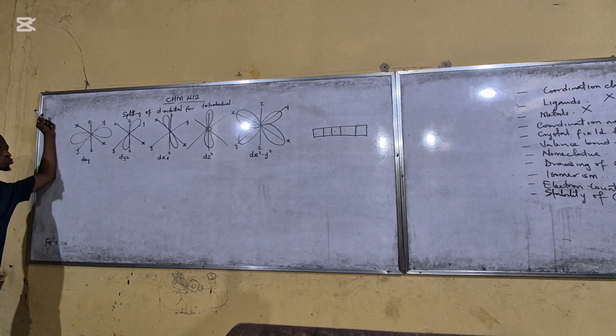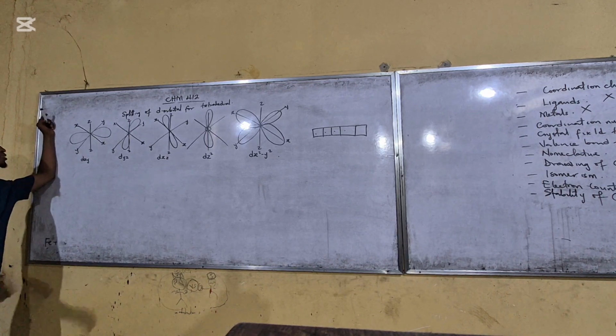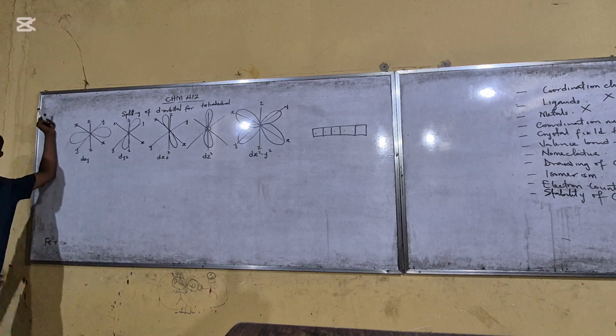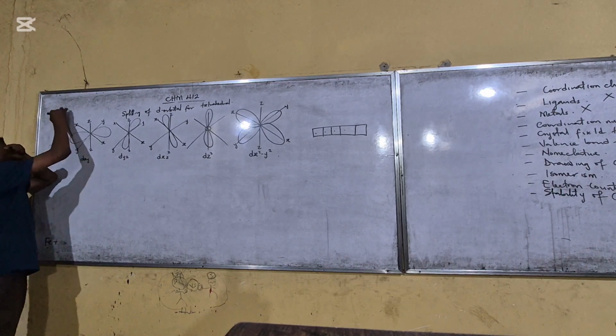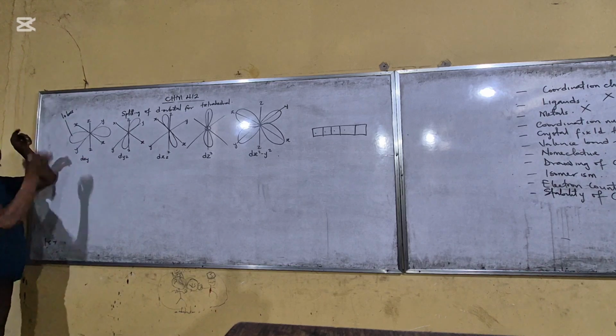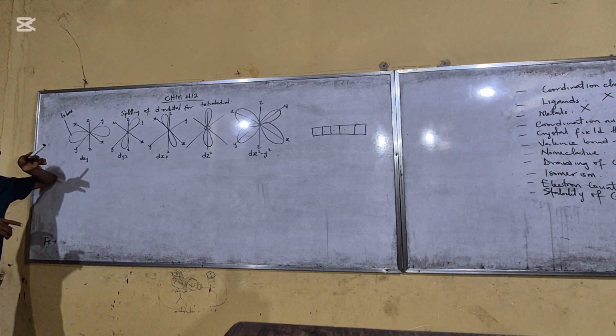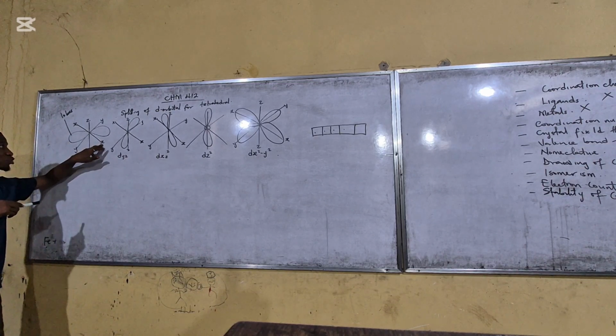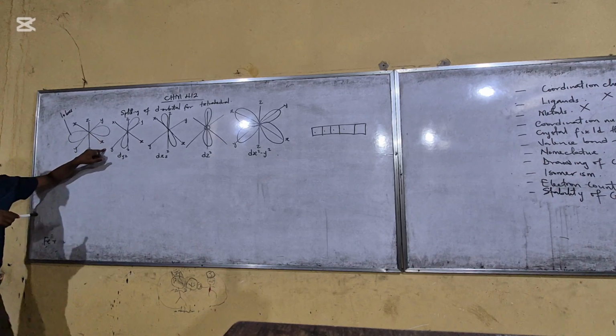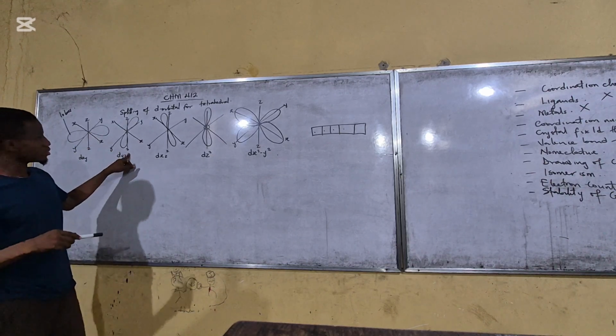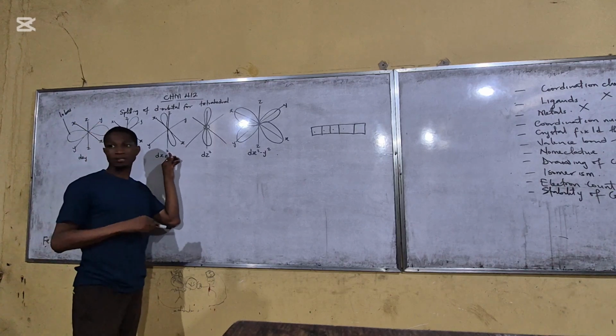Now if you look carefully, you realize that 3 have these things that look like balls. They are called lobes. So 3 have their lobes between axes. This one has lobes between the x and y axis. This one has lobes between the y and z axis. This one has lobes between the x and z axis.